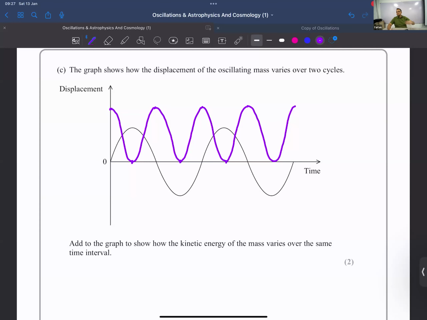Okay. Amplitude of the graph doesn't matter. You can take wherever you want.